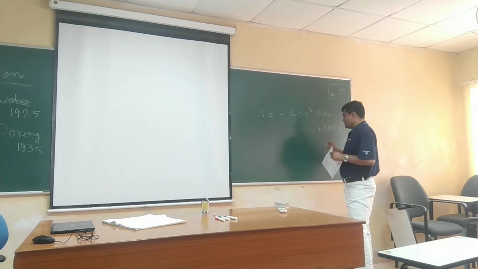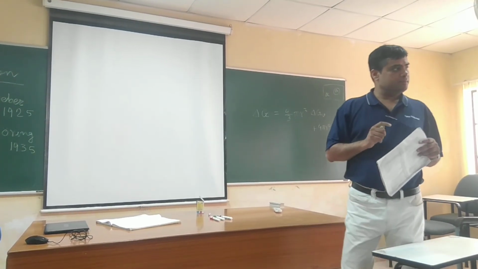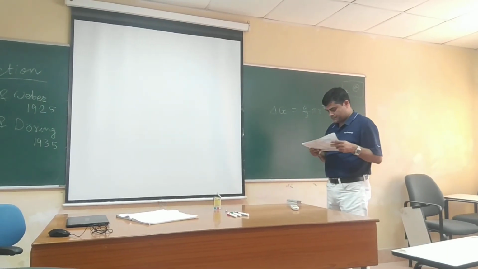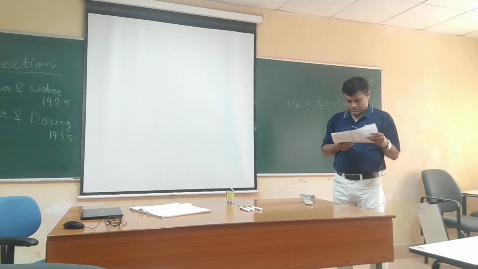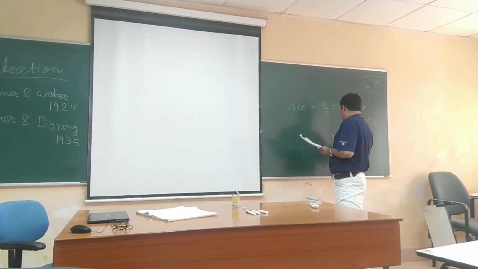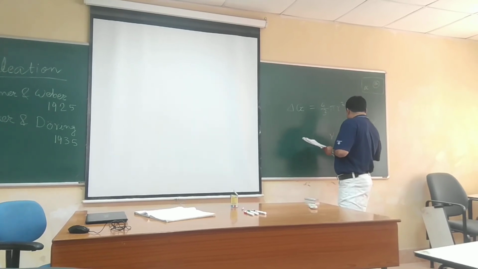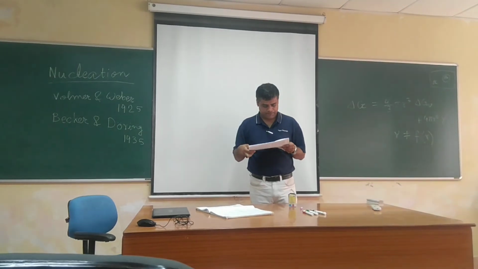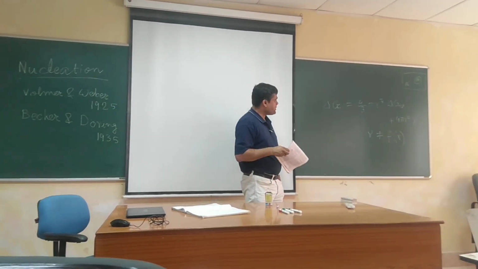Now, if you assume the interfacial energy to be isotropic, independent of the crystallographic orientation, and if you neglect the volume strain energy, then the shape that gives the minimum surface energy is spherical. And for that spherical shape, the only variable left is size.